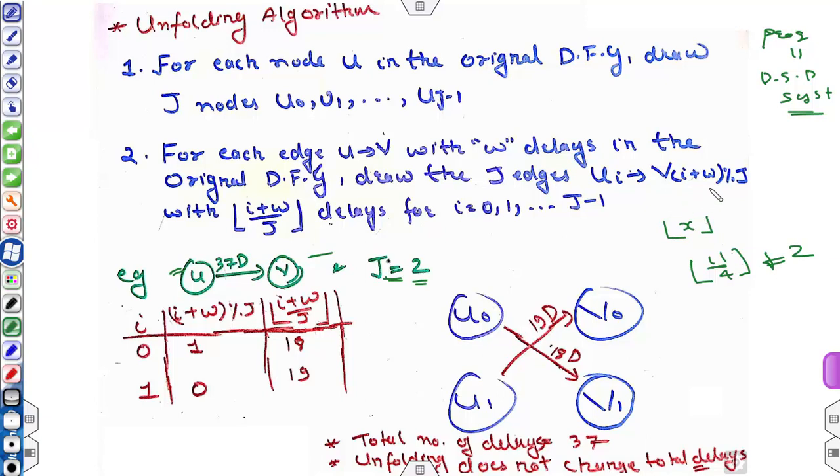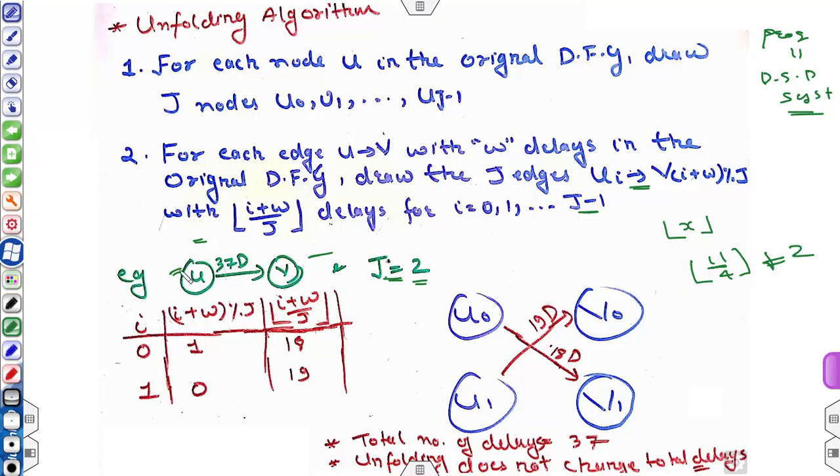And mod is a function that gives the remainder after the division. You have to do this for i equal to 0, 1, till j minus 1.